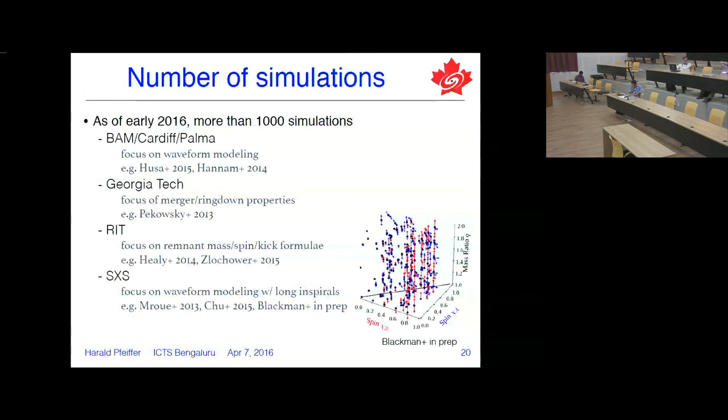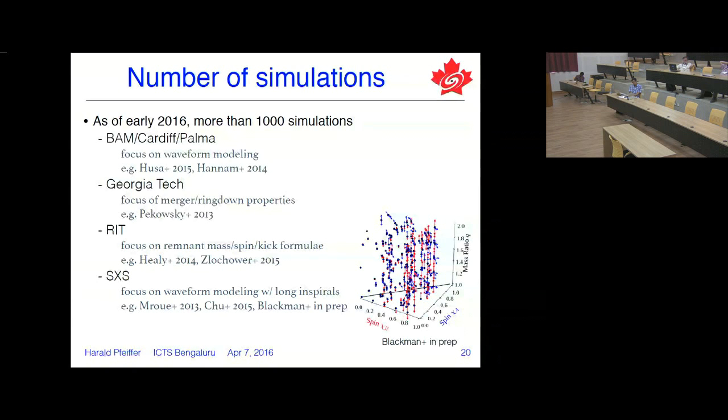RIT, Rochester Institute of Technology, has put a lot of effort into formulas quantifying remnant mass, spin, and kicks. And my collaboration, the SXS collaboration, our focus has been on waveform modeling, in particular with very long inspirals.